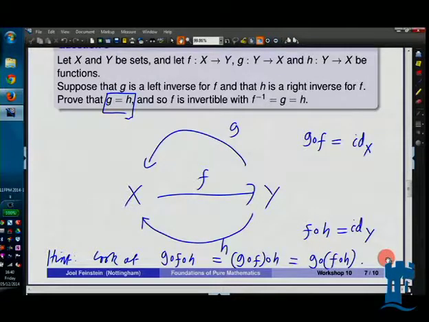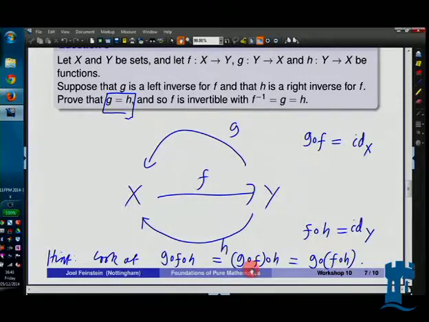Okay, so the hint here, as I say, is to look at composing the three functions, which we want to bracket. We proved that composition of functions was associative, so if you compose g with f, put that in brackets, and then compose that function with h, you get the same thing as if you do g composed with the composite function f composed with h.